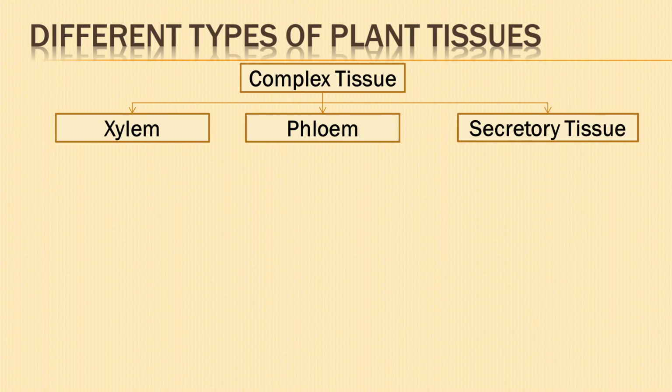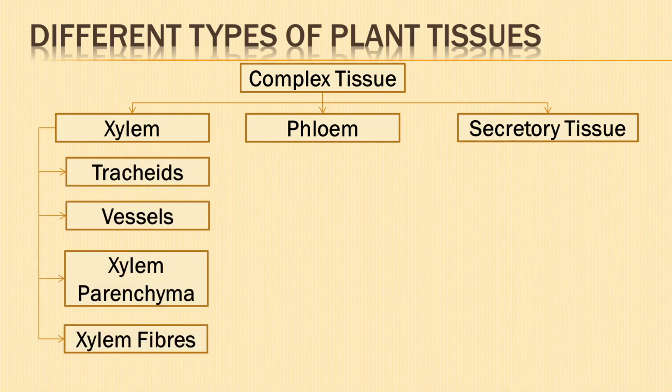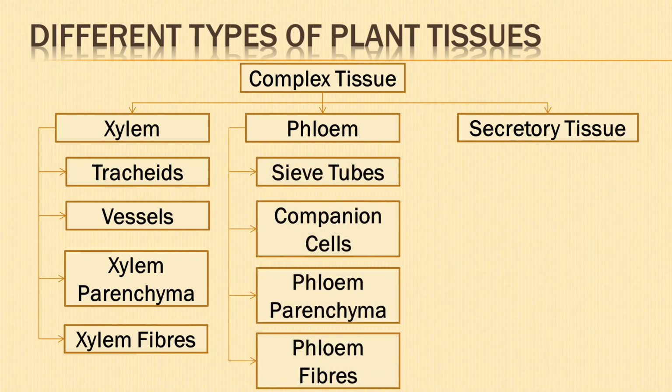These conducting tissues are together known as vascular tissue or conducting tissue, which constitute a vascular bundle. Xylem consists of tracheids, vessels, xylem parenchyma, and xylem fibers. Phloem is composed of sieve tubes, companion cells, phloem parenchyma, and phloem fibers.